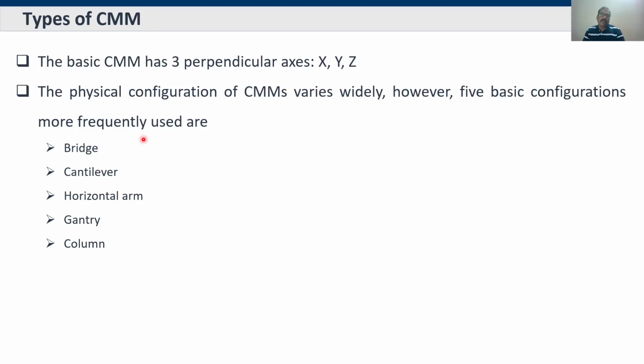The only difference is how the probe is positioned: in the horizontal arm, the probe is positioned on a horizontal axis, but in the column type it is placed vertically. Structure wise, they are almost the same. So let's see each and every type one by one, since each structured configuration of CMM possesses some benefits.